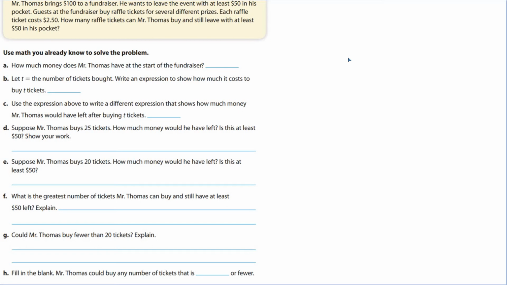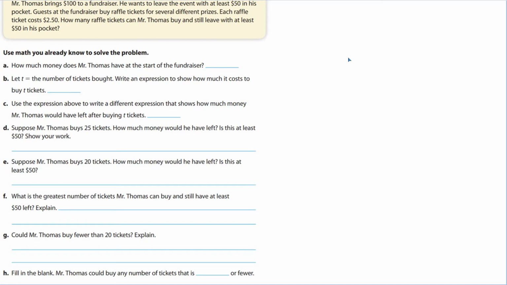Question D. Suppose Mr. Thomas buys 25 tickets. How much money would he have left? Is this at least $50? Show your work. Question E. Suppose Mr. Thomas buys 20 tickets. How much money would he have left? Is this at least $50?